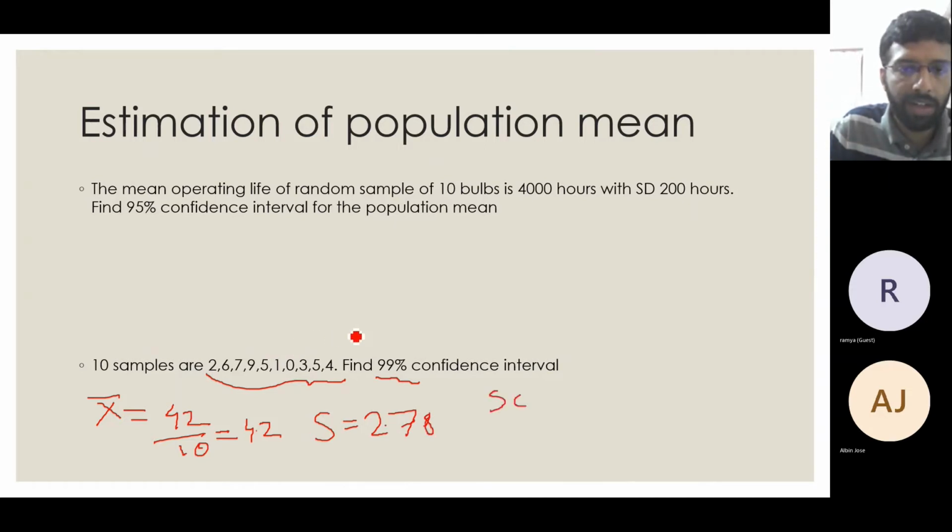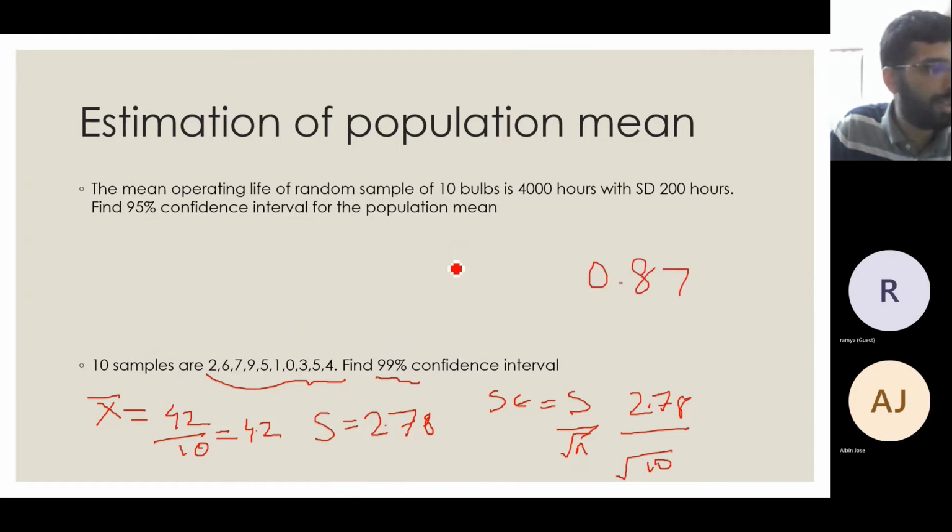So the standard error will be S by root 10, that is 2.78 by root of 10. So you will get 0.8794. Now from my t table, I have to find the 99% confidence interval, right?